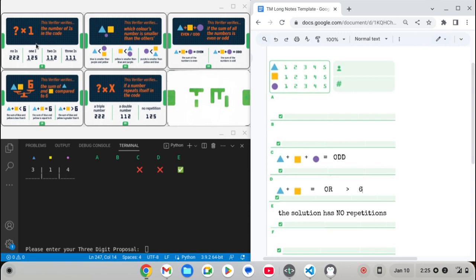So, piggybacking on that idea, if there is no 1, that would mean you'd have 2 evens. And it could be that the sum is equal to 6. Well, the only way you could have a sum of 6 is if both those digits were of the same type, meaning either both odd or both even. And so I'm thinking that perhaps it may be the two evens, and then criteria card B would reveal which of the two between triangle and square is the smallest, so that you'd have a 2.